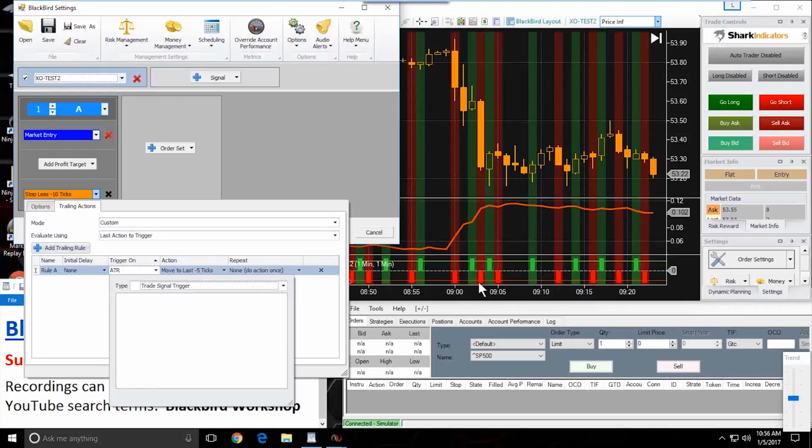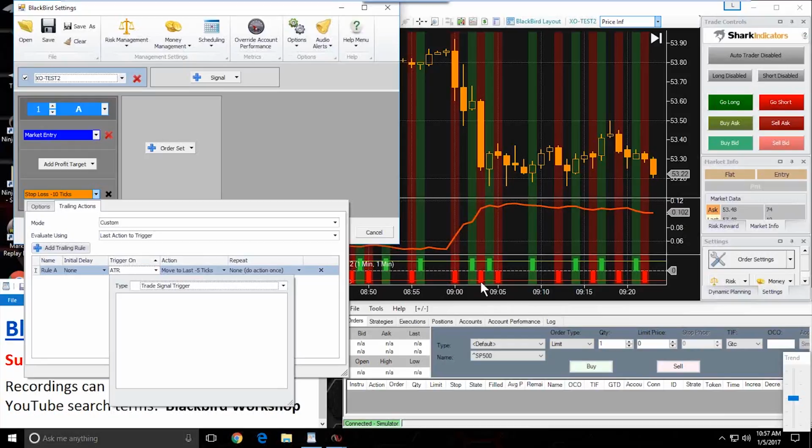And then any further trade signals, so this short trade signal here, the next one at 9:05, and the one at 9:03, these next two trade signals could be used as a trigger event.